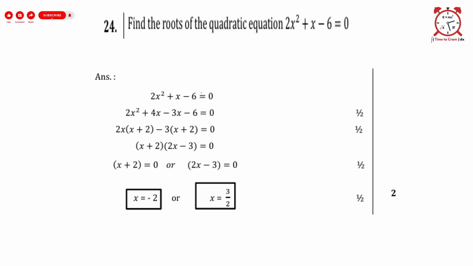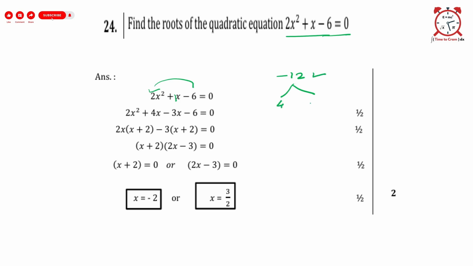Find the roots of the quadratic equation 2x square plus x minus 6 equal to 0. So we know that here the coefficient is there. So we have to multiply 2 with minus 6, then minus 12. Now we have to factorize minus 12 and make two parts in that way, whose sum or addition is 1 and whose multiplication is again minus 12. So we know that 4 threes are 12.